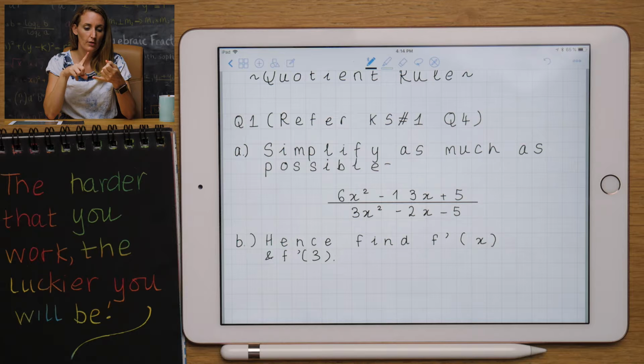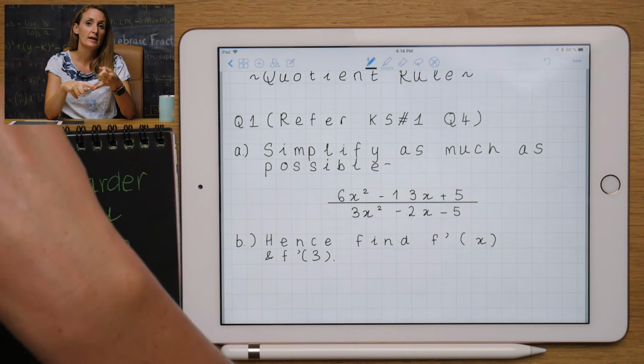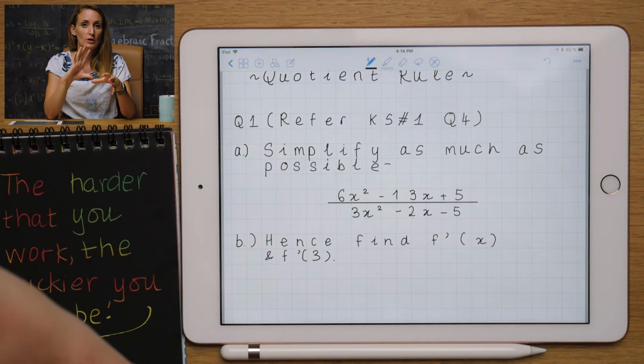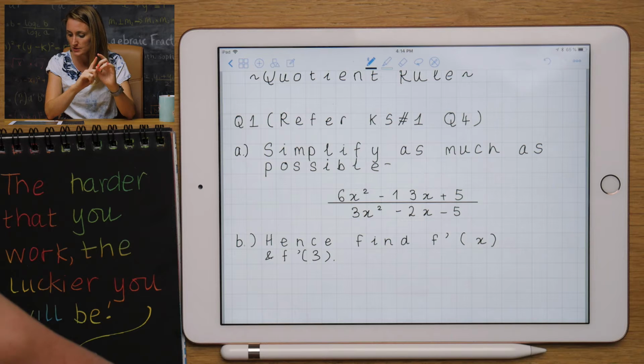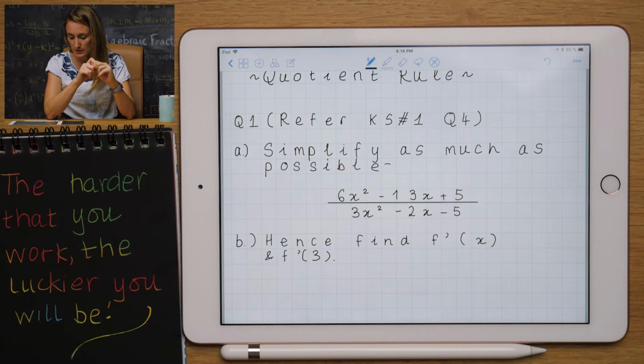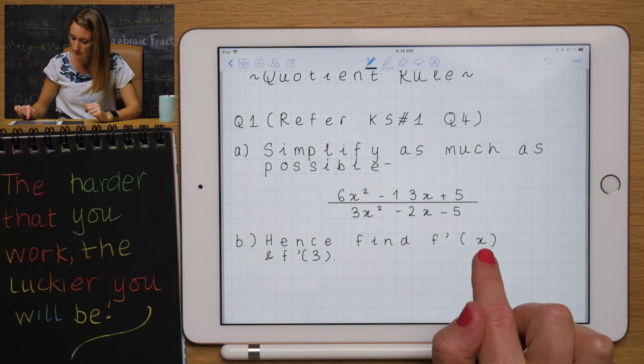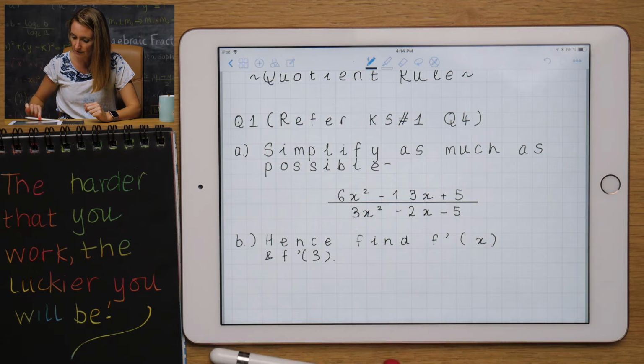It could be with cancelling down, Key Skill 1, multiplying, dividing, Key Skill 2, or adding or subtracting, Key Skill 3. So you're going to do that algebra part first. And then it will say something like: hence find f dash x and f dash 3.